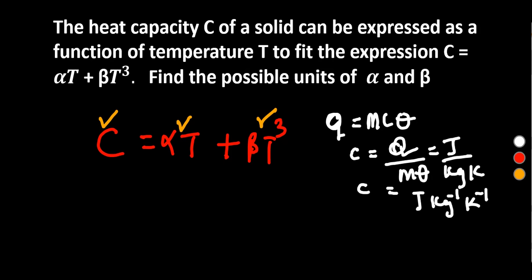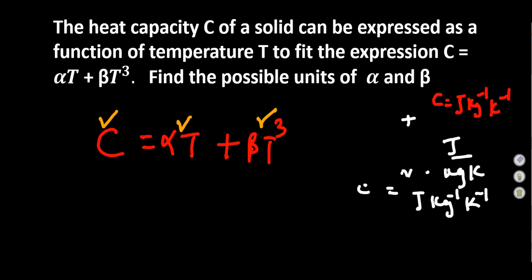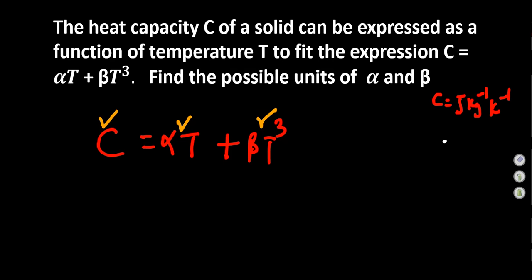So write it here that c is joule per kilogram per what? Kelvin. So having taken note of this, what now will be the units of heat capacity? Heat capacity relates to specific heat capacity with this formula.